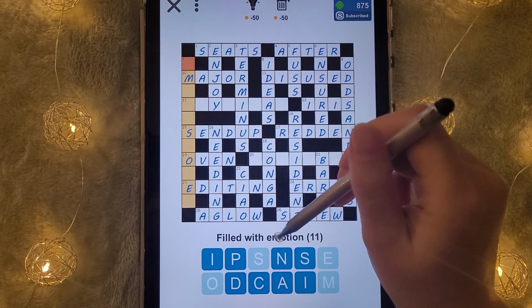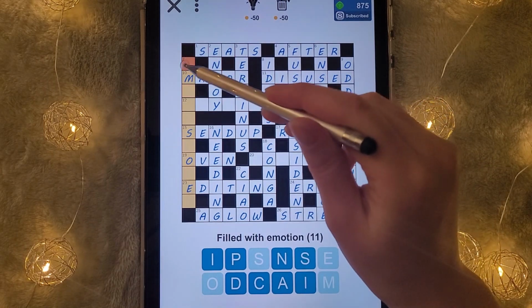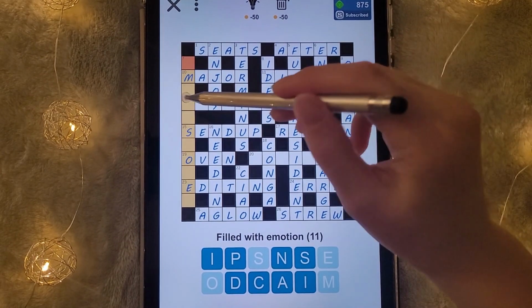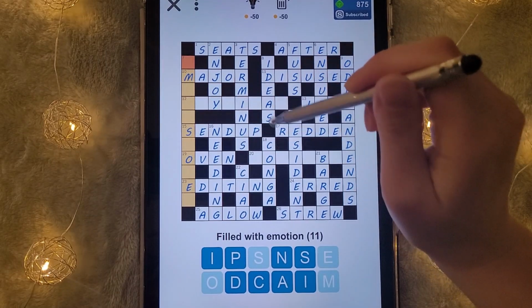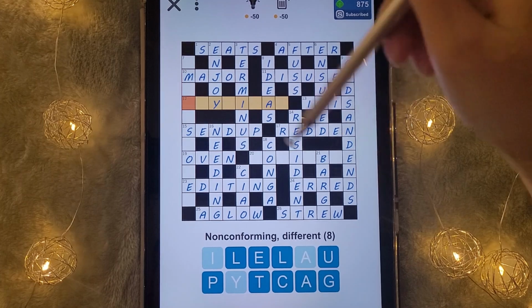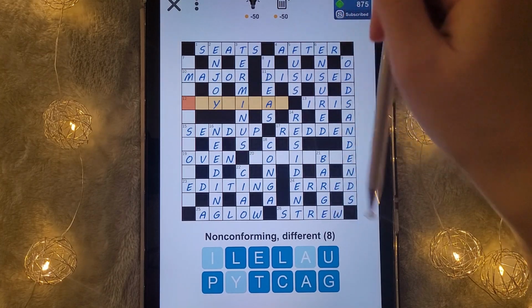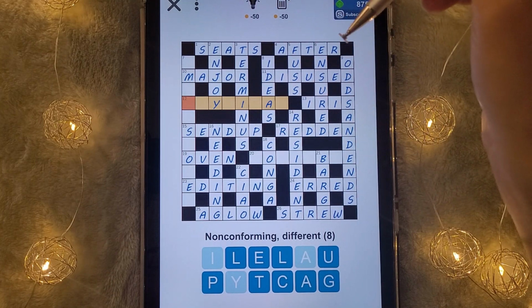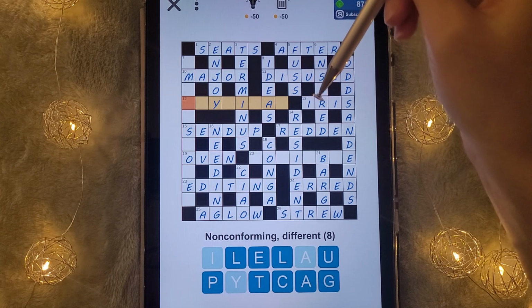Filled with emotion. This one is getting me good. I'm not too sure. Let's see if we can get 12 now. Maybe if something else is coming up in my mind. Non-conforming or different.